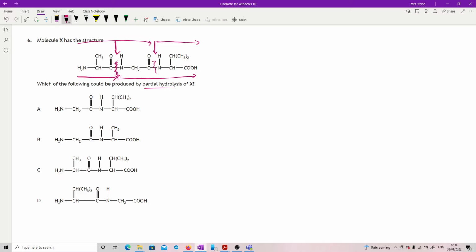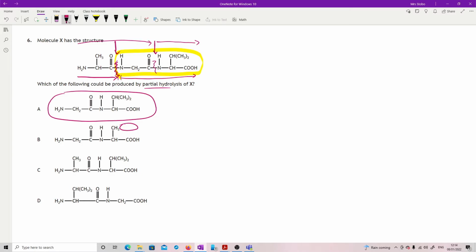And if I look, this one sits very nicely there. The rest of them just don't fit. You can sit and work your way through them. I can see why this one's not here, it's because I'm missing this bit up here.